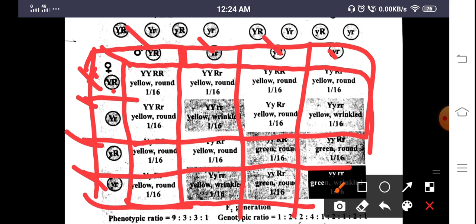Now each one fuses like this and forms like this, like this, like this.